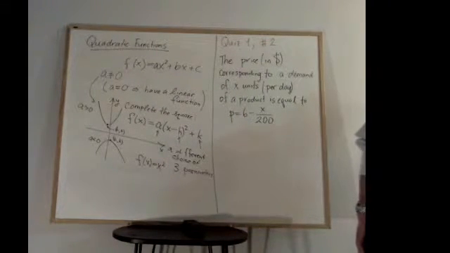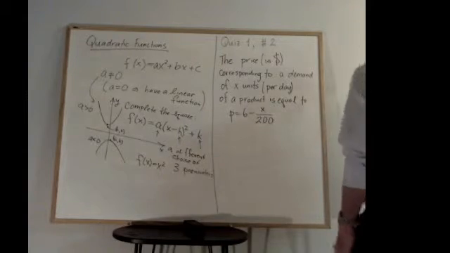Question, first part is: find the price P and demand x at which revenue per day is maximized.